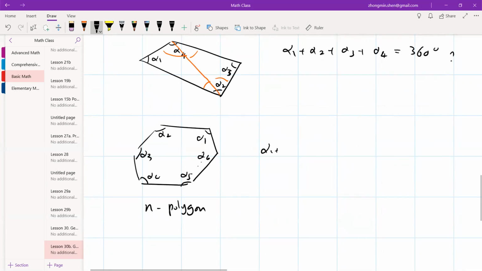Then the sum of the n interior angles is going to be n minus 2 times 180 degrees. But you can also prove that by drawing many triangles. You have n minus 2 triangles, right? Fix a point alpha, then you can draw the lines, 1, 2, 3, something like that.